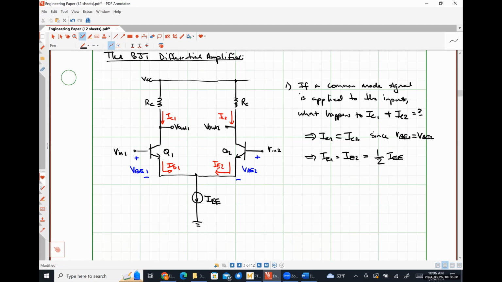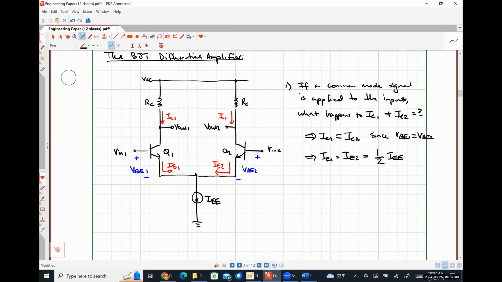Since our collector currents are equal, our emitter currents have to be equal, and they're both equal to 1/2 IEE. So we're going to see how this differential amplifier, from a DC standpoint, is just a current steering device. And that'll make more sense in a moment. Okay. So we've answered our first question.